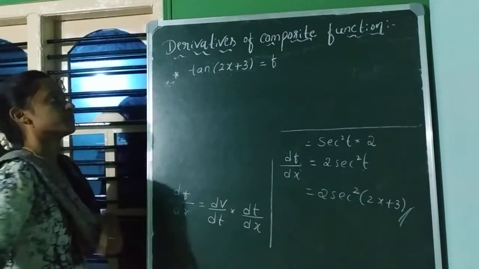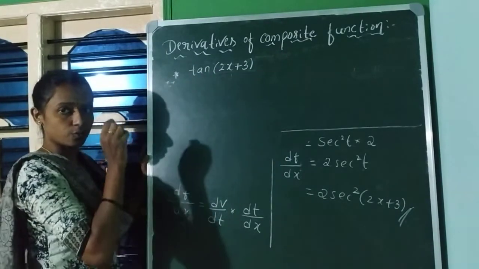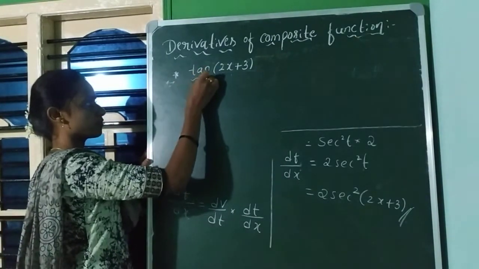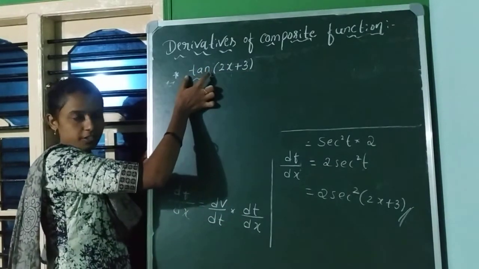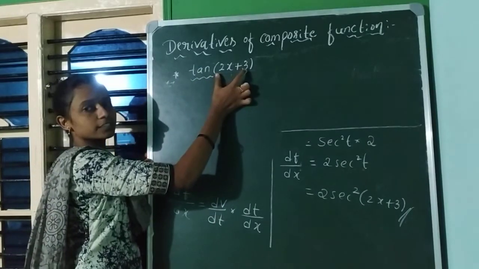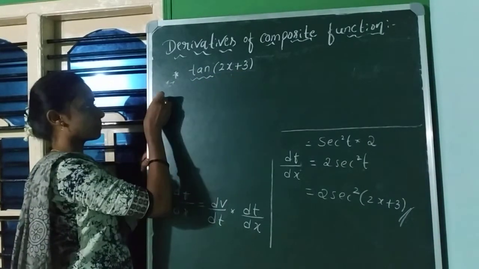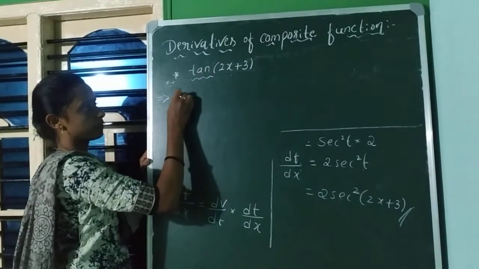The alternate method is this. Here there are 2 functions, tan and algebraic. First you differentiate the outside bracket. Once you differentiate that, you need to write the variable within the bracket. The derivative of tan is secant square.